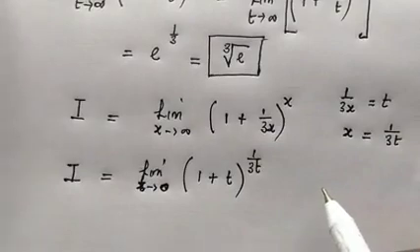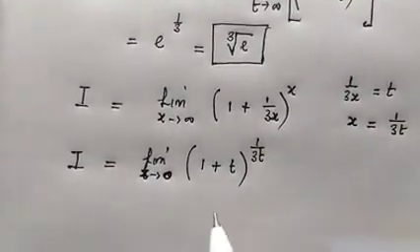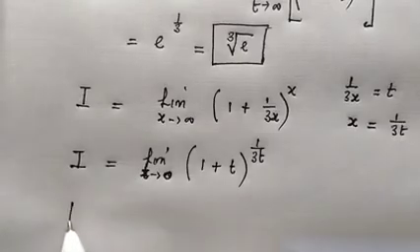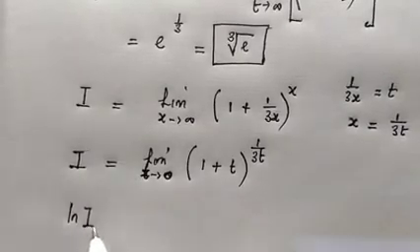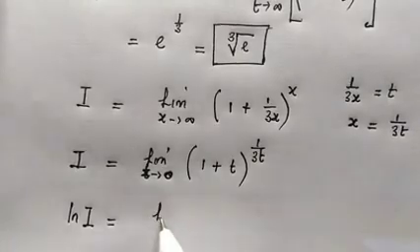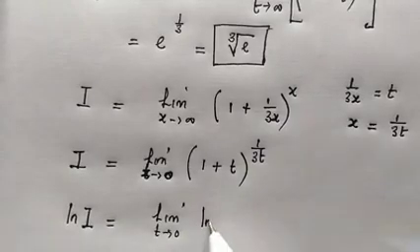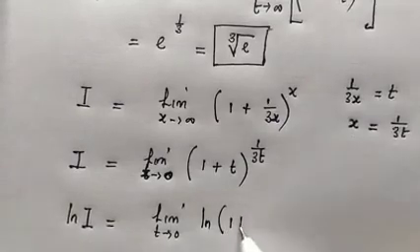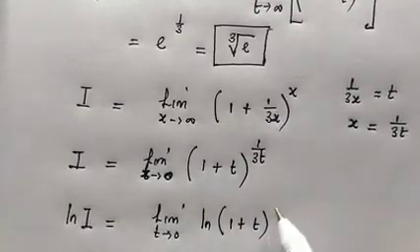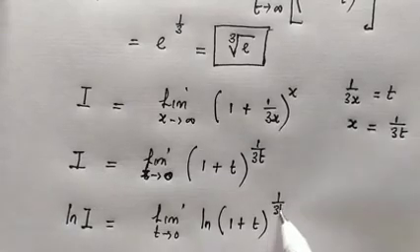Now, the next thing to do here is to take the log on both sides. So here, ln of I is equal to, we can write it as limit as t is approaching 0, then the ln inside. So we get the ln of (1 + t) raised to the power of 1 over 3t.